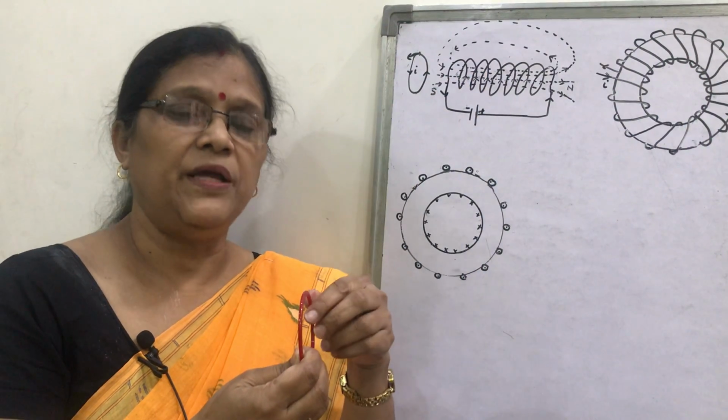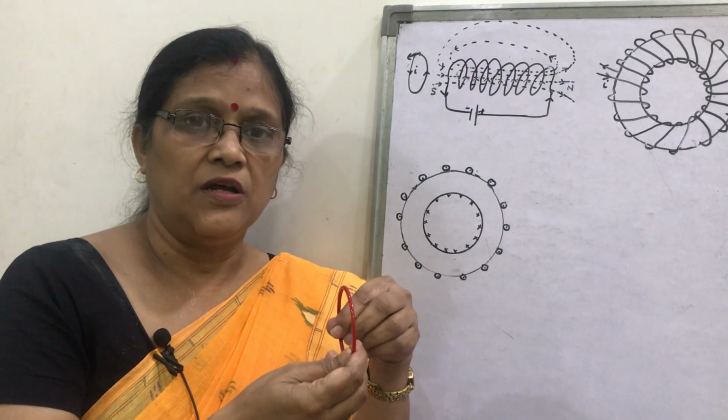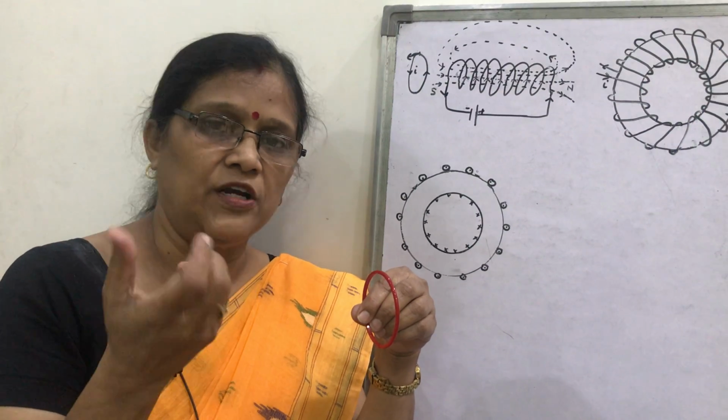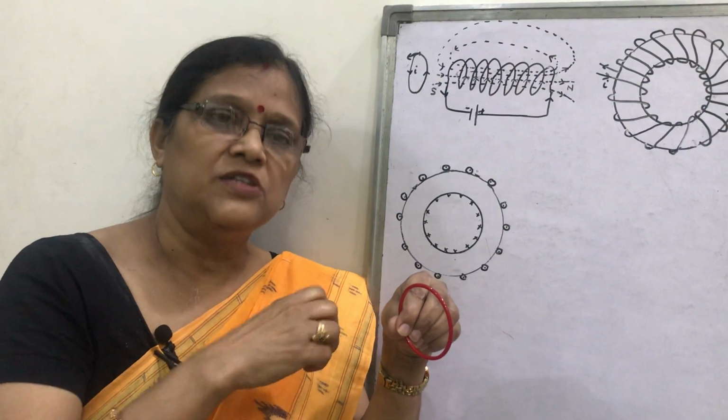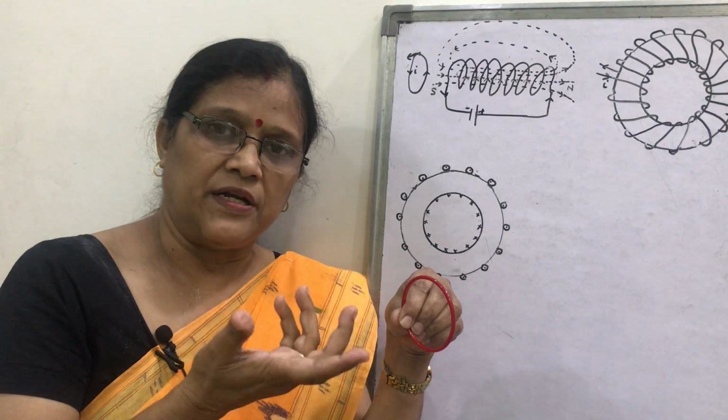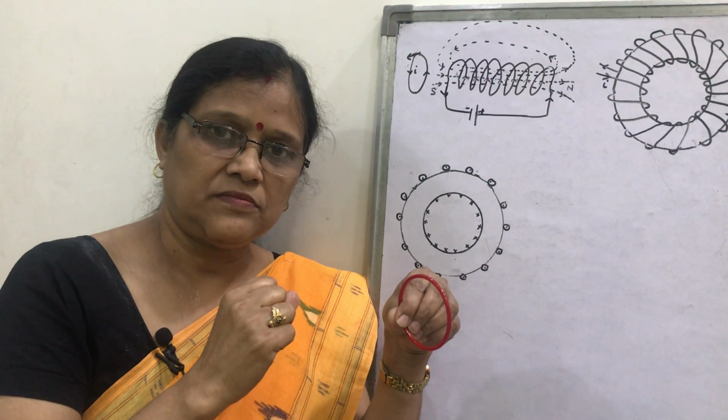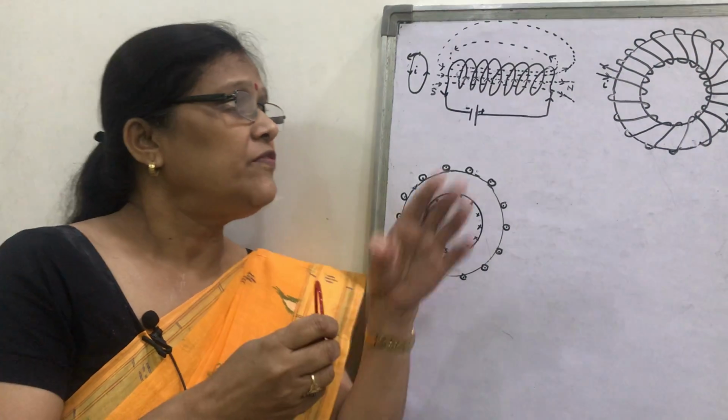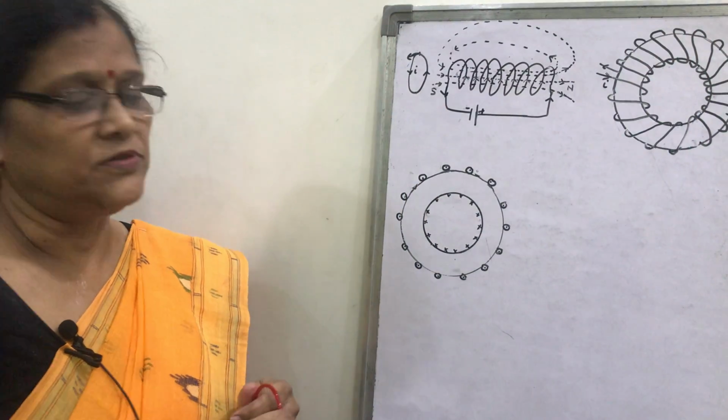What you have read, that B equals mu naught n I, the magnetic field will be more for a solenoid. So it is used to magnetize a magnetic material rod. So far we have read about the magnetic field of a solenoid.